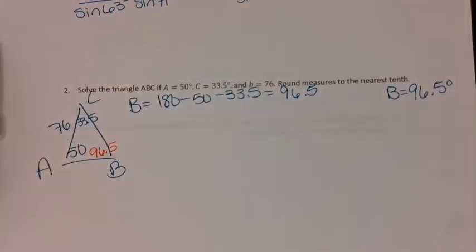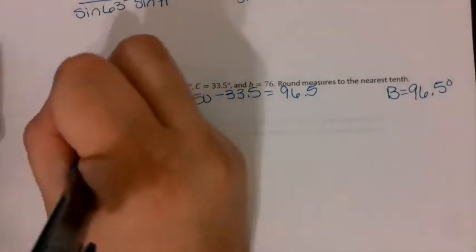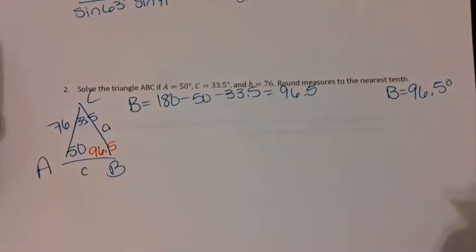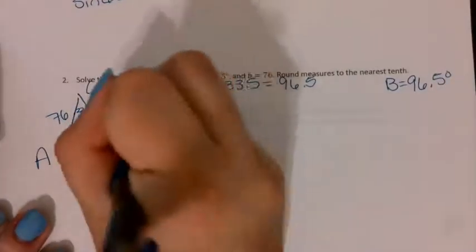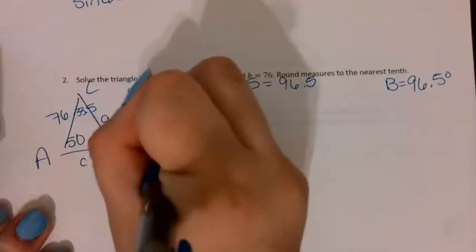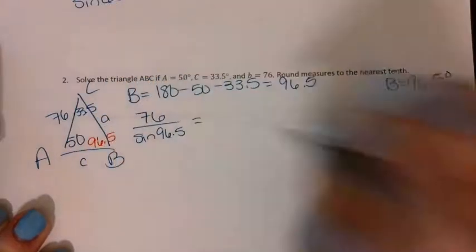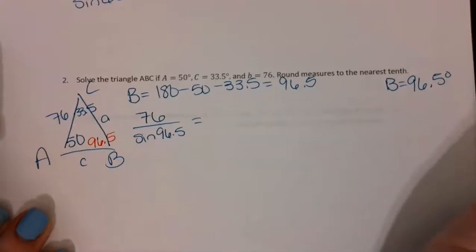So now that I have my three angles, I need to look at which angle has the matching side. I need to solve for A and C. So B is the one I have the matching value for. So it's going to be 76 over sine 96.5. Then I need to solve for another side length. I'm going to pick A because it's in alphabetical order.